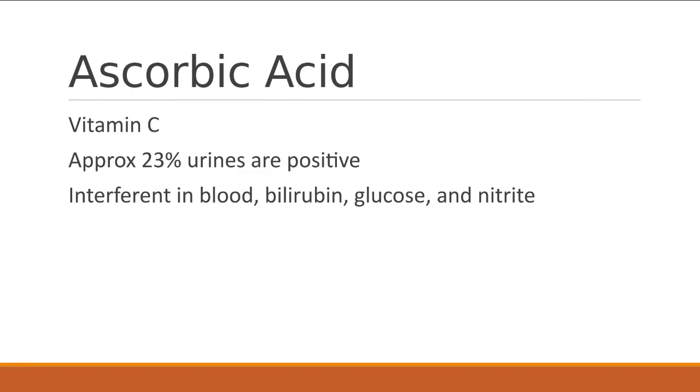You're taking some type of vitamin, so you're ingesting it, you have too much of it, and it's going to be excreted. It will always interfere with blood, bilirubin, glucose, and nitrite. So those are the big ones it's going to be an interferent for. If nothing else, remember those four. Ascorbic acid will interfere with blood, bilirubin, glucose, and nitrite.